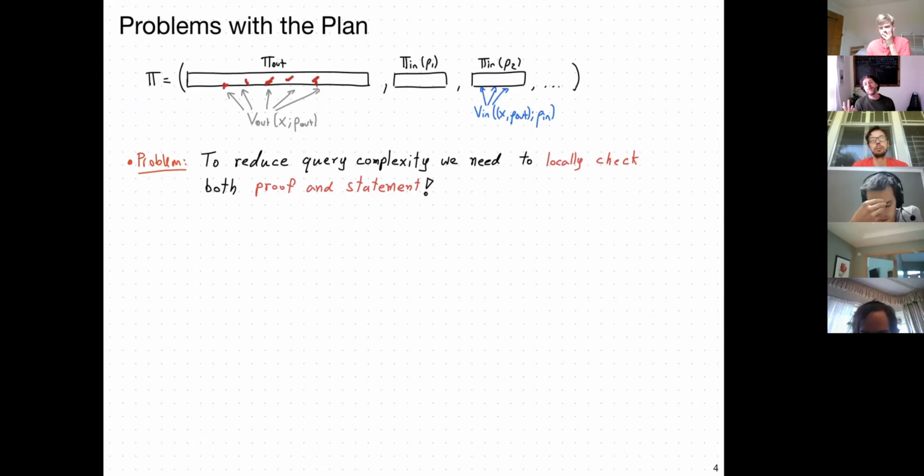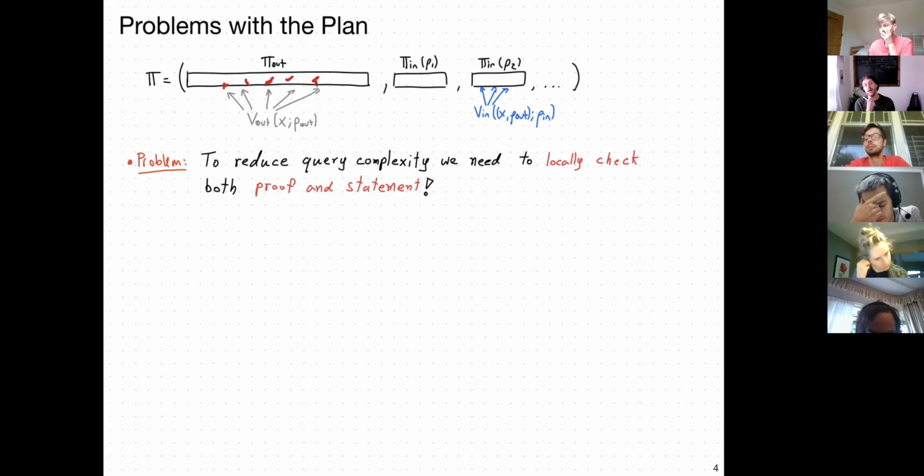It depends on how you interpret what I said. Either you just make the queries to the inner PCP, but then it's like checking that a formula is satisfied without even knowing what the formula is. Or we have to read the entire thing. So that's a problem, right? We wanted to save on query complexity, and this doesn't happen.